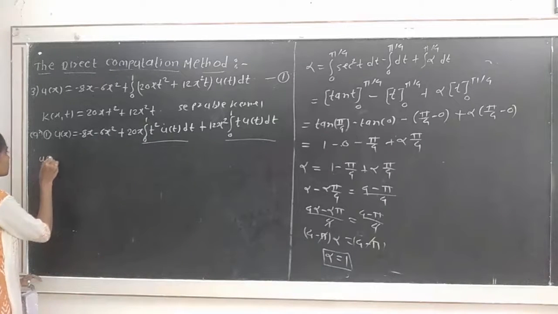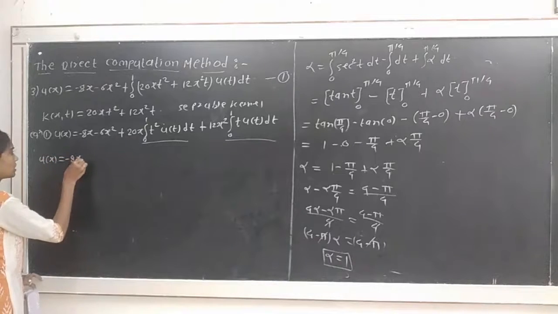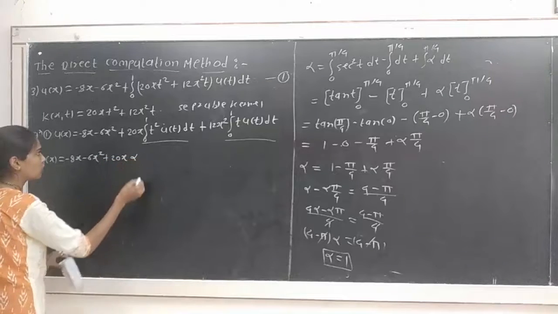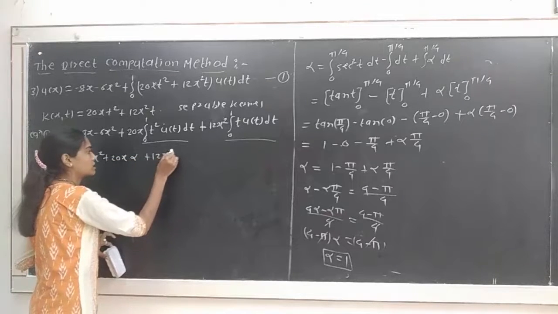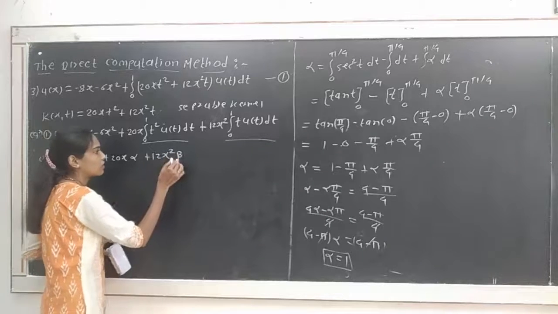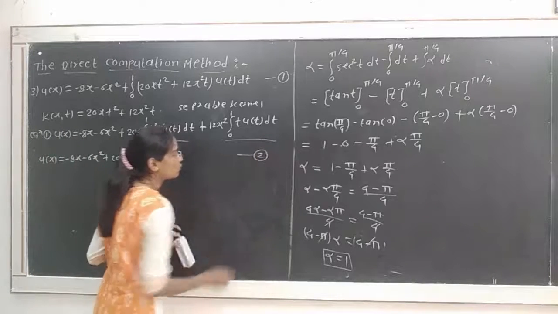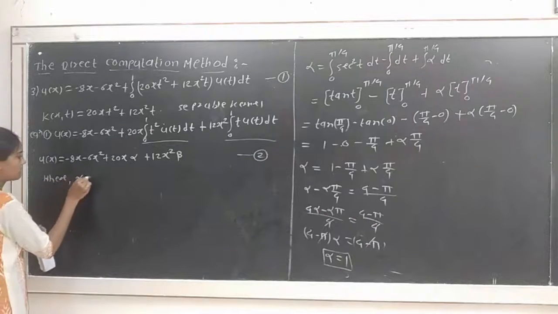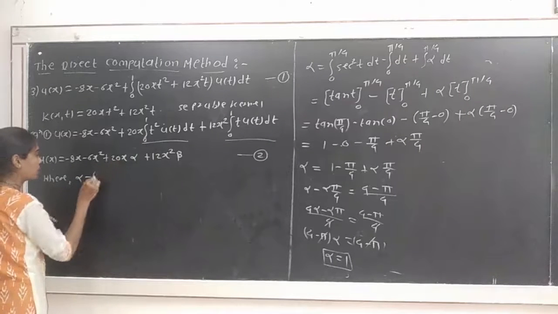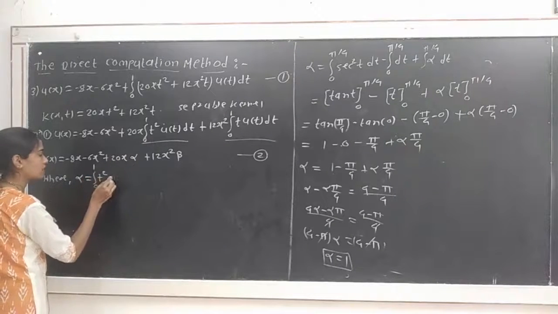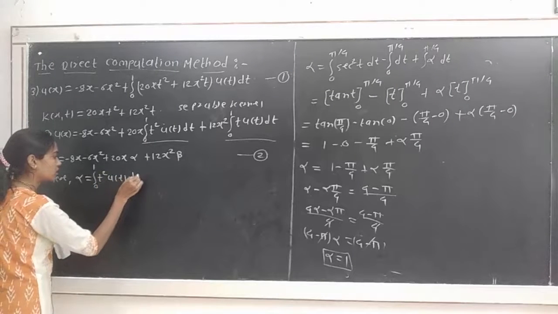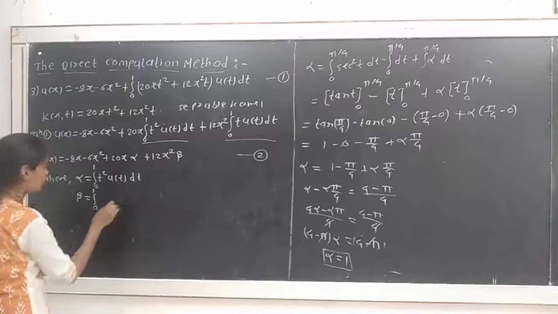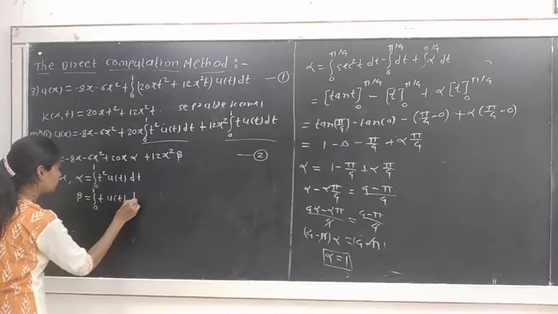So we write this as u of x is equal to minus 8x minus 6x square plus 20x into alpha plus 12x square into beta. Okay, take it as equation number 2, where alpha is equal to integration from 0 to 1 of t square into u of t dt, and beta is equal to integration from 0 to 1 of t into u of t dt.